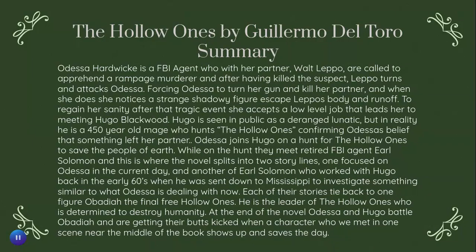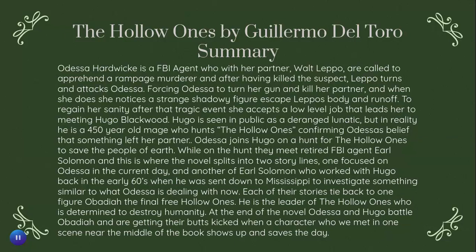And to regain her sanity after the tragic event, she accepts a low-level job that leads her to meeting Hugo Blackwood. Hugo is seen in public as a deranged lunatic who just kind of walks the street. But in reality, he's a 450-year-old mage who hunts the Hollow Ones.